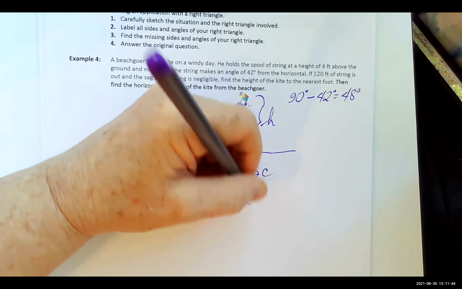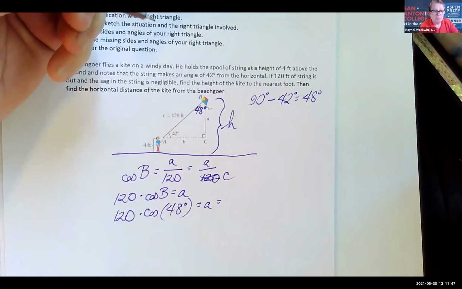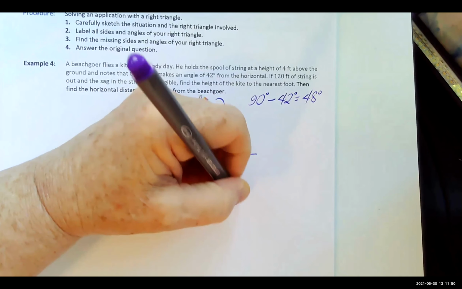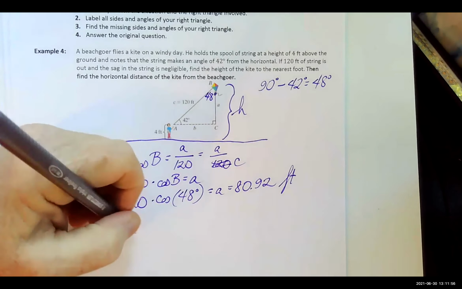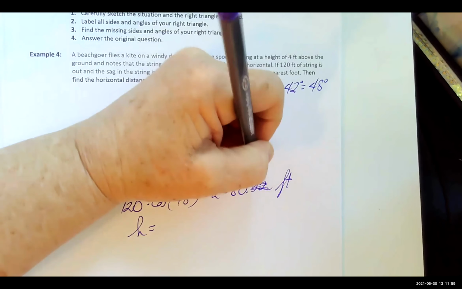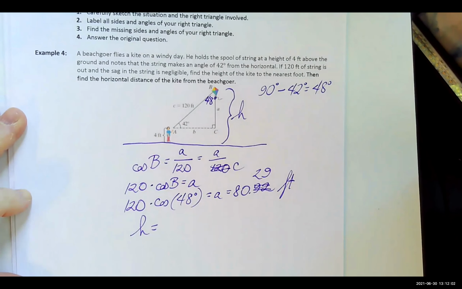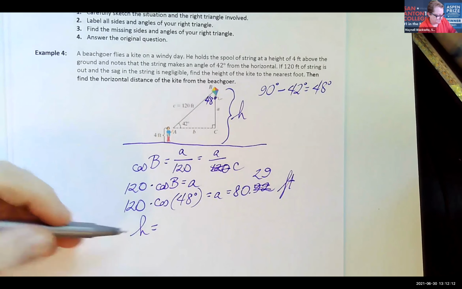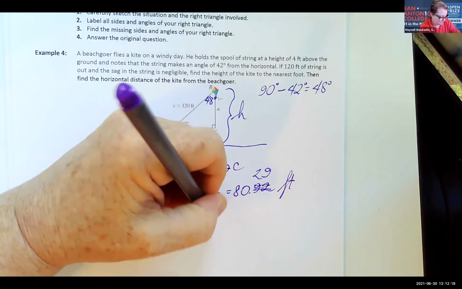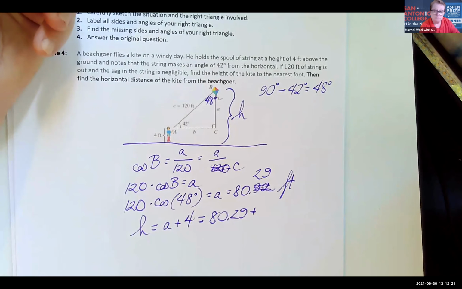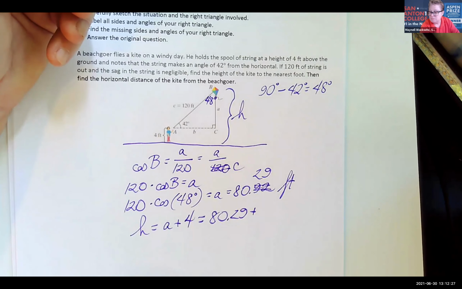80.29. And that'll be feet. And then how can we find H?